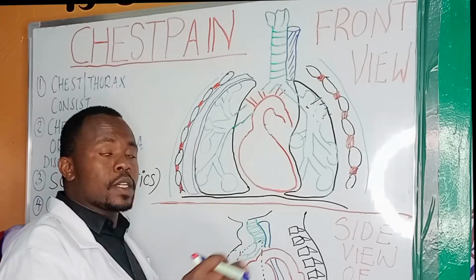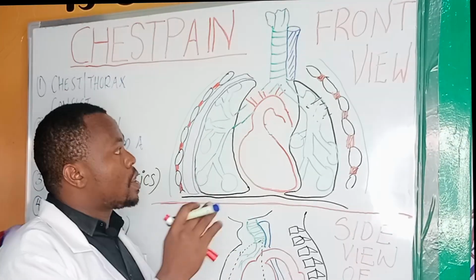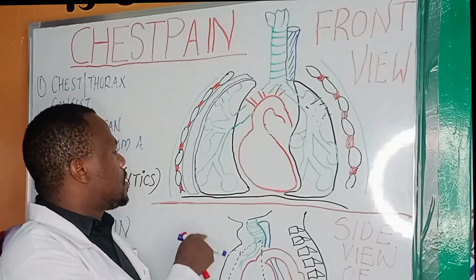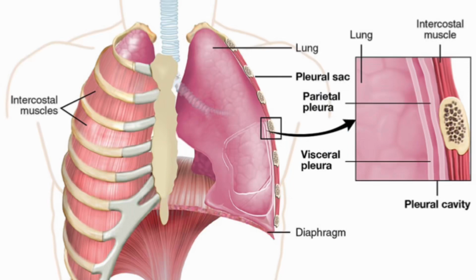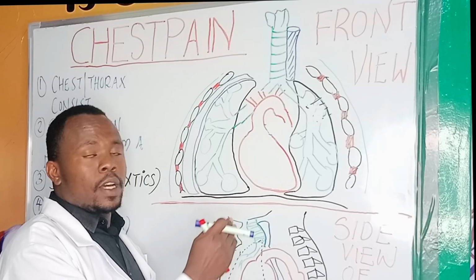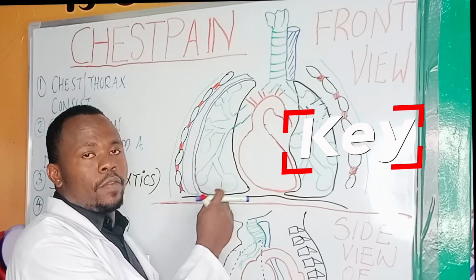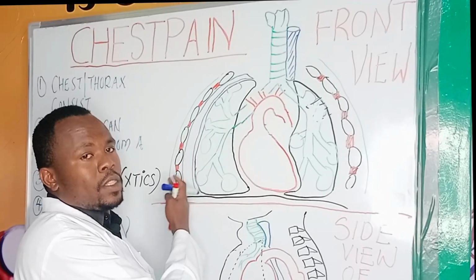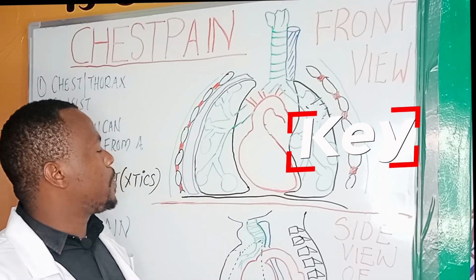Then we have the lung itself. Then the soft tissue that surrounds the lung is the pleura. I've told you the pleura is a two-layered membrane that covers the lung. The layer that covers the lung is called the visceral pleura. The layer that covers the ribs or attaches to the ribs is called the parietal pleura.